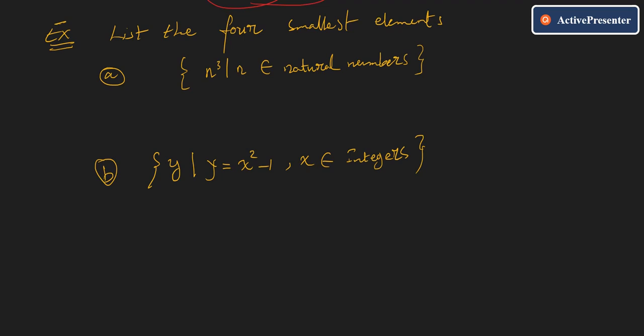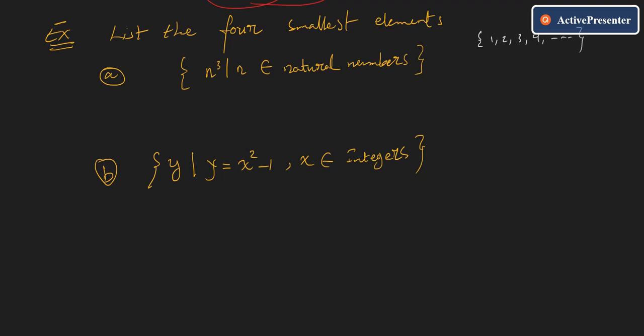If you are going to answer this question, the first thing you notice is that n is a natural number. So we know what the natural numbers are. Natural numbers are 1, 2, 3, 4, and so on.